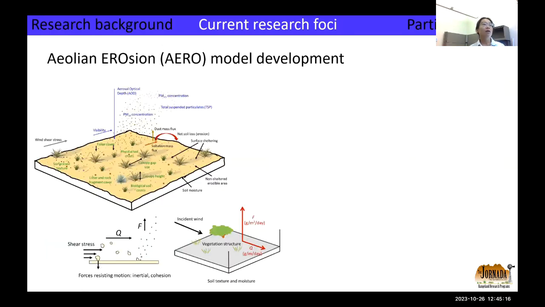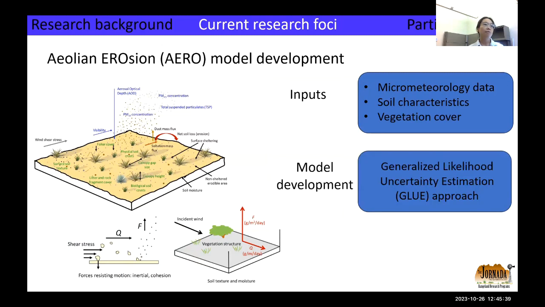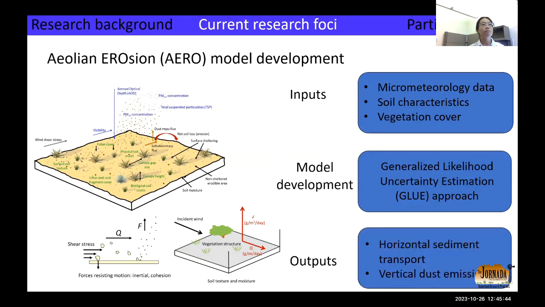Okay, from this slide, I will start talking about the work that I'm currently working on here, mainly about Aeolian EROsion model development. I won't bore you by presenting so many complicated mathematical equations, because that's the main part of the model. But anyway, I will give you a brief introduction about this model from three aspects: model input, model development, and outputs.